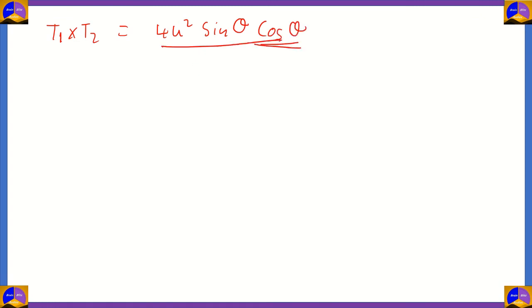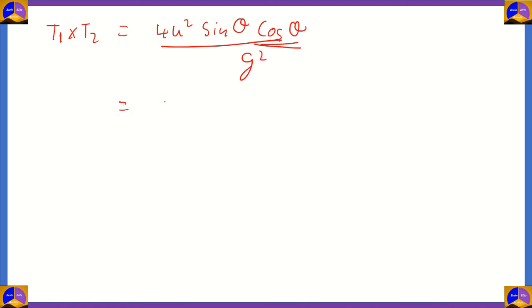So we can take the product, t1 times t2 on the left hand side. On the right hand side it is 2u times 2u, that is 4u squared. You have sine theta from t1, and sine of 90 minus theta, that is cos theta, from t2, divided by the denominator g squared.